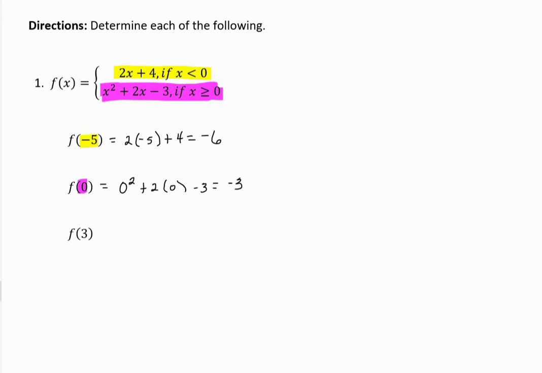In this last problem, x is 3. Well, 3 is greater than 0, so I'm going to put 3 in for x. You have 3 squared plus 2 times 3 minus 3, and that answer is 12.